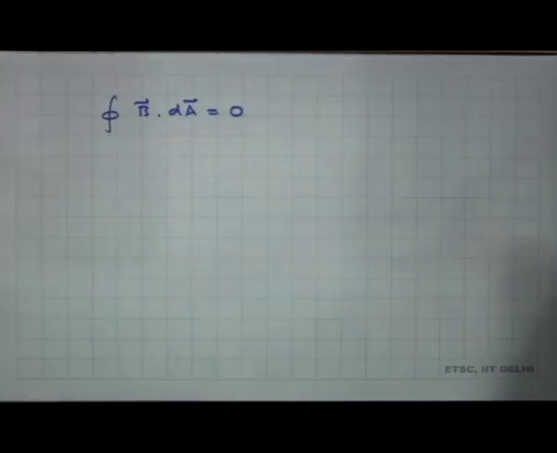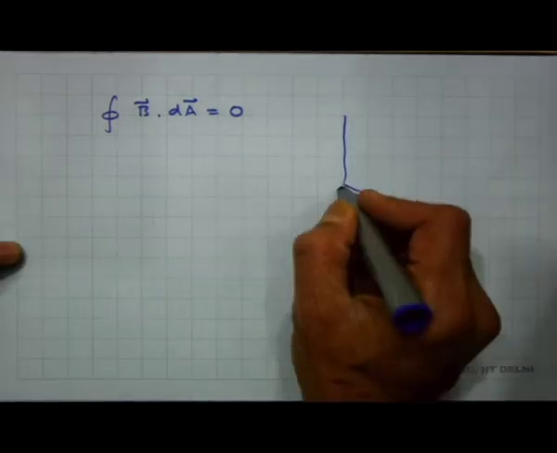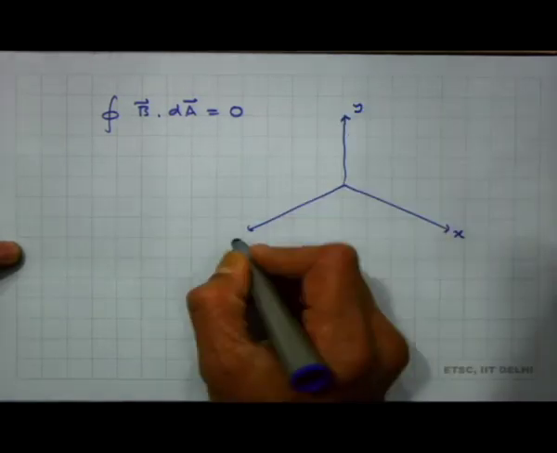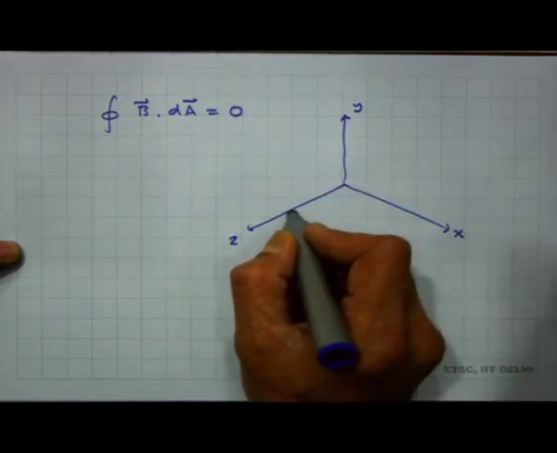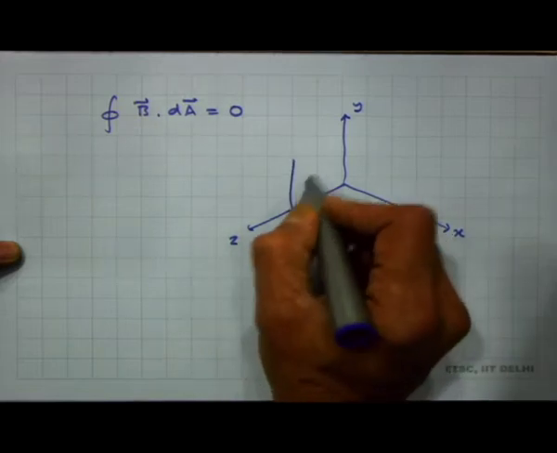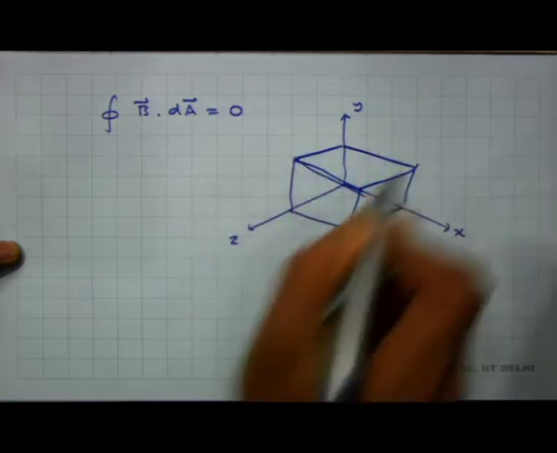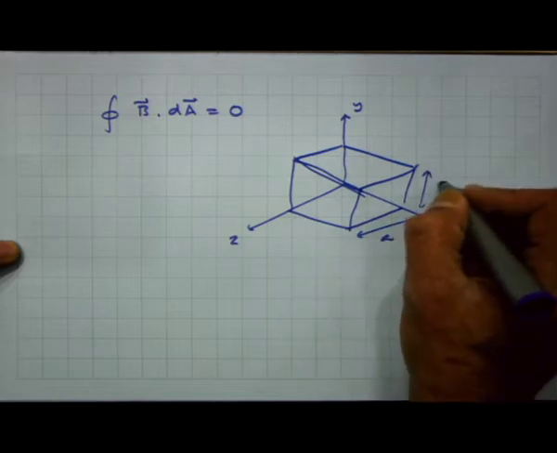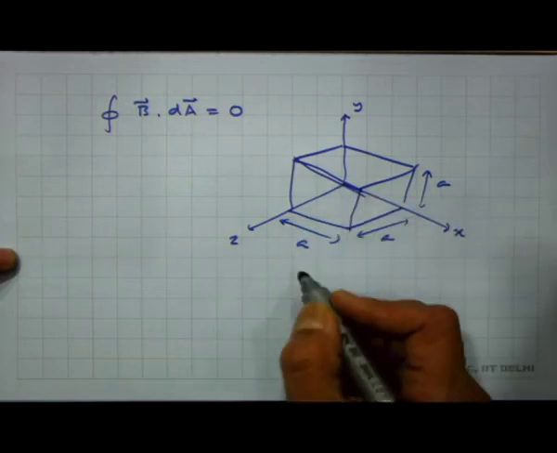Now, for simplicity, I would like to take a surface which will help me to evaluate these integrals easily. So, here is the surface which I will take. Here are my coordinates. This is x, y, and z. So, let me take a cube here, a cube of side A, and this is the origin here.